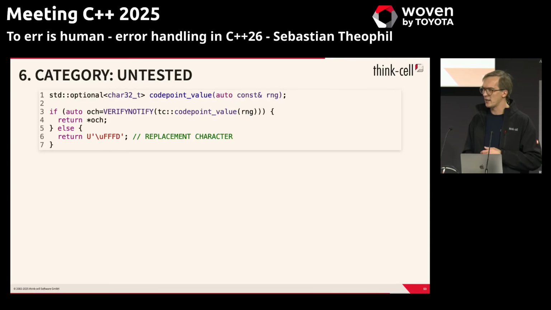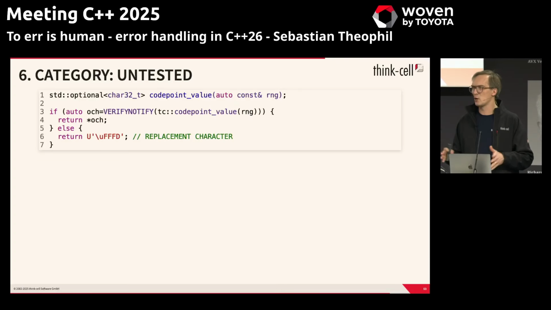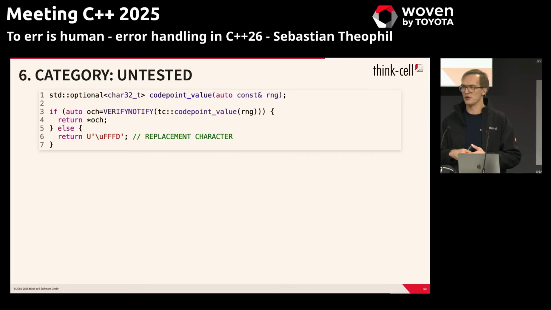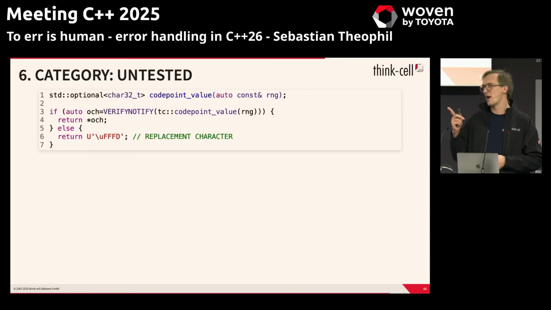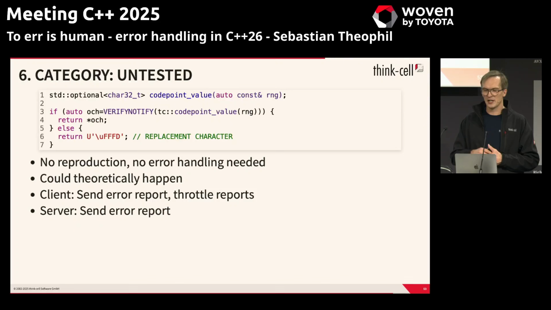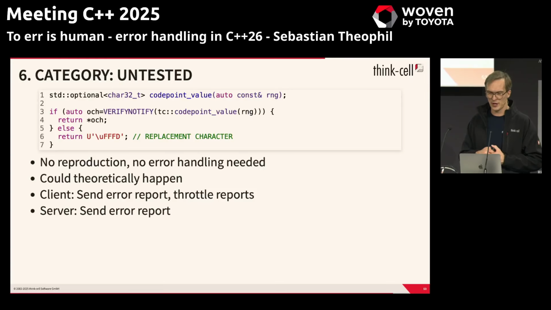And here the handling is very simple, because the handling means, well, I can just always return this replacement character if something goes wrong. So I have handling code that is so trivial that I consider this good, tested, good enough, even though I actually don't know how this could ever happen. It can theoretically happen, and if it ever does, I want to have an error report. But we don't disable further error reports. We consider our program is still in the land of defined behavior and just keep on running.